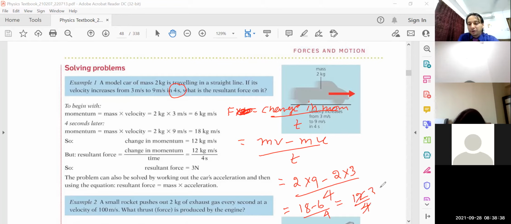Then again you will get the same answer, that the resultant force acting on the model car when the speed changes from 3 meter per second to 9 meter per second in a time period of 4 seconds is 3 Newton.